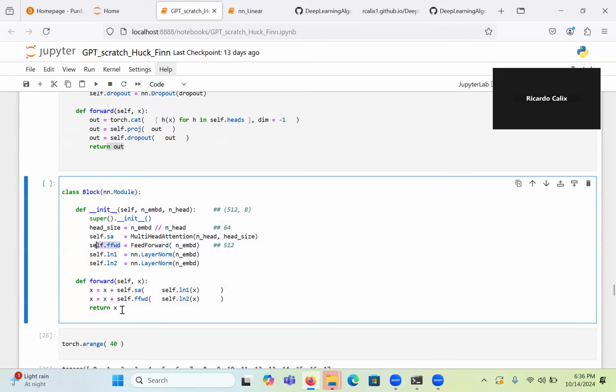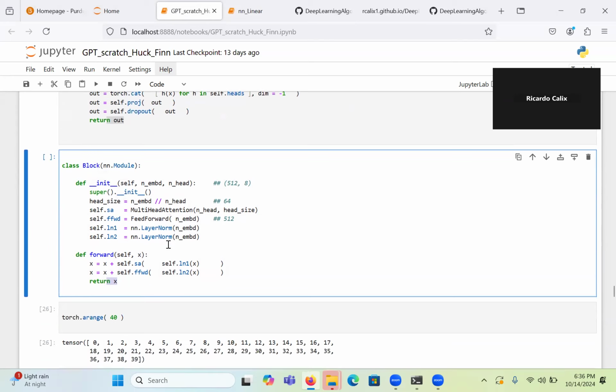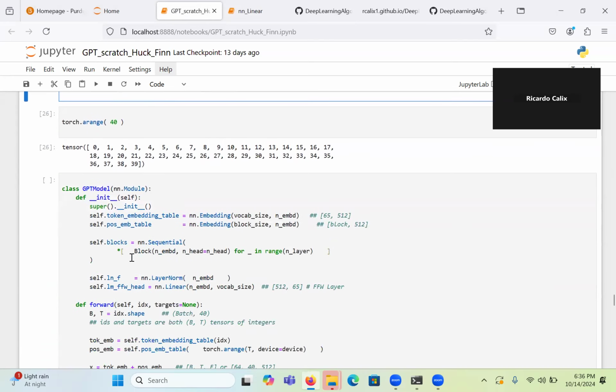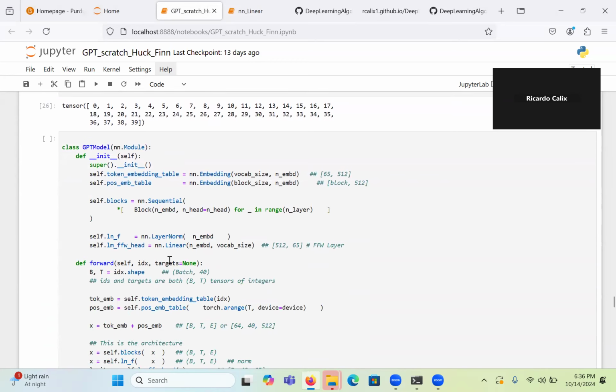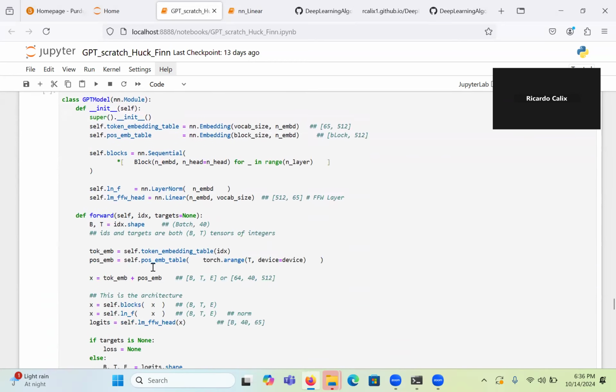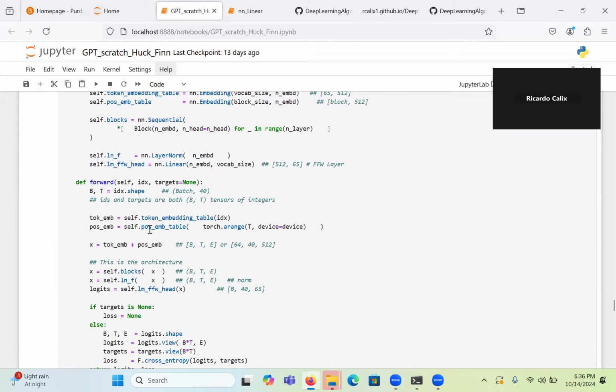We come out here, that's x. So we are out of each block. This will happen for each block. So we need to go to the original one. We did the token embeddings. We did the positional embeddings. We did this part. x goes into blocks and it comes out. So we are basically right there. Do you guys see that?